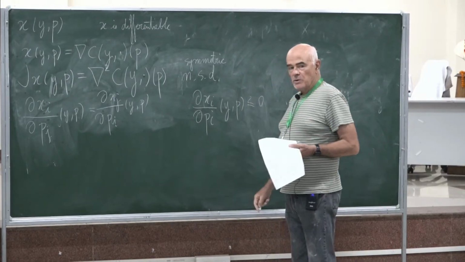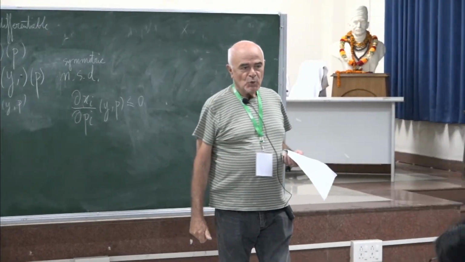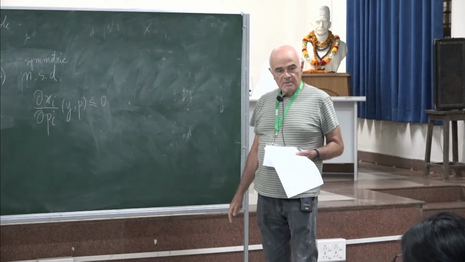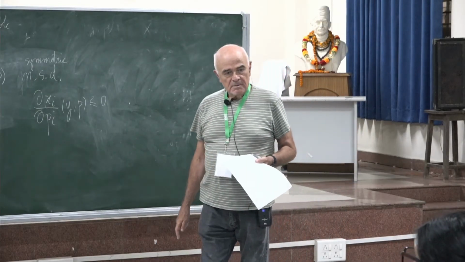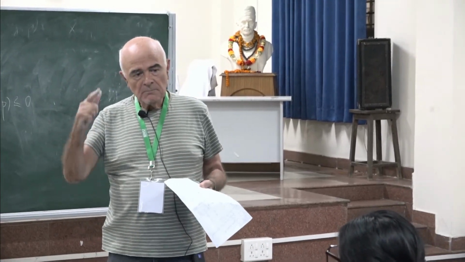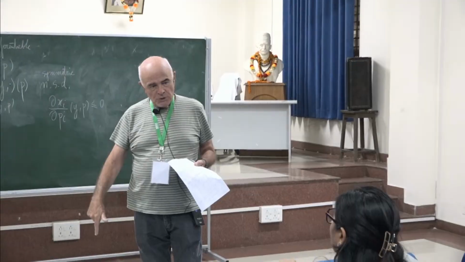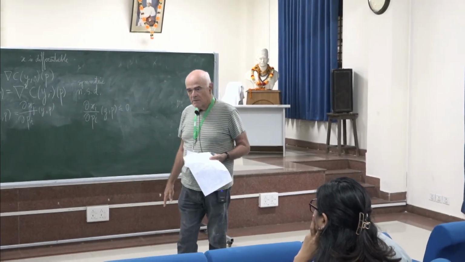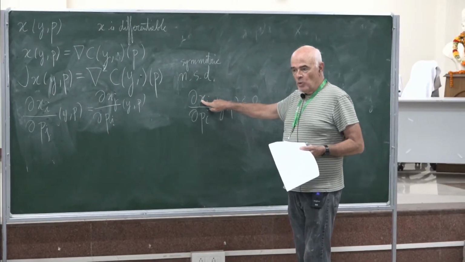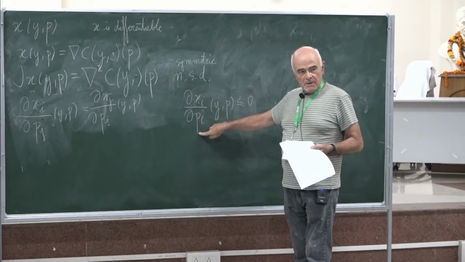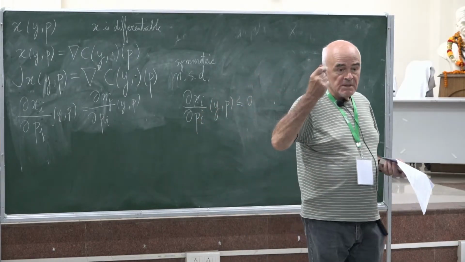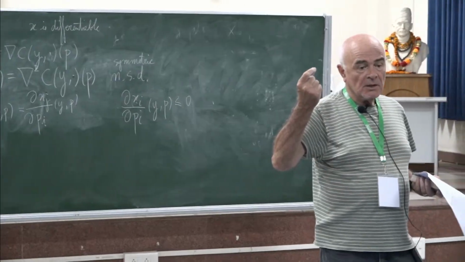They are all less than or equal to 0, because it's a negative semi-definite matrix. The diagonal elements are non-positive. What does it mean? That xi depends in a non-increasing way on pi, which means that if the price of an input increases, the demand for that input decreases.